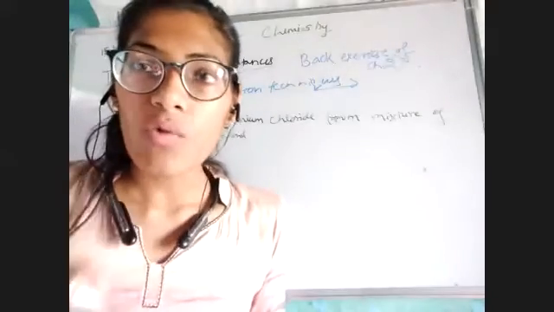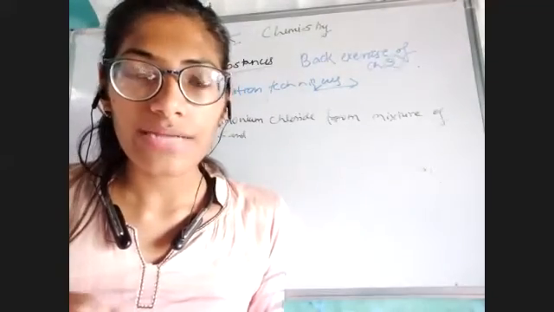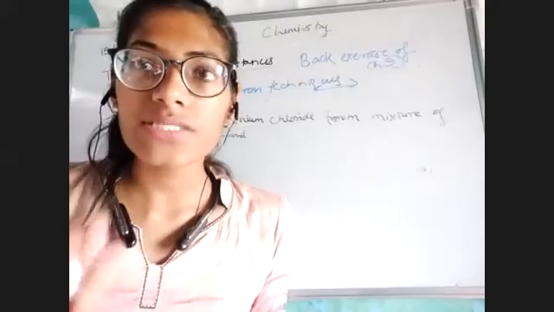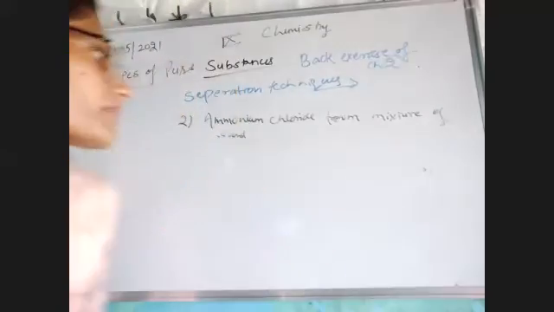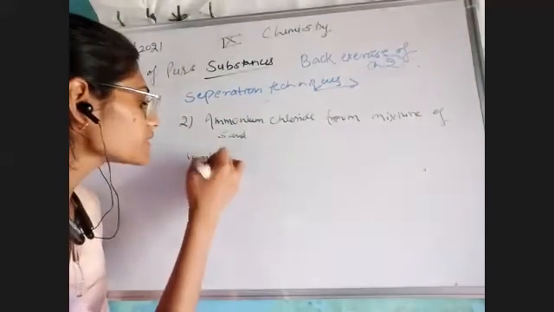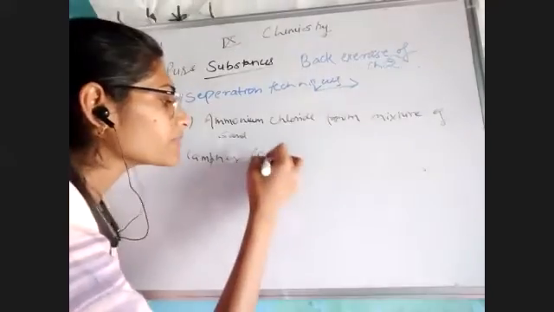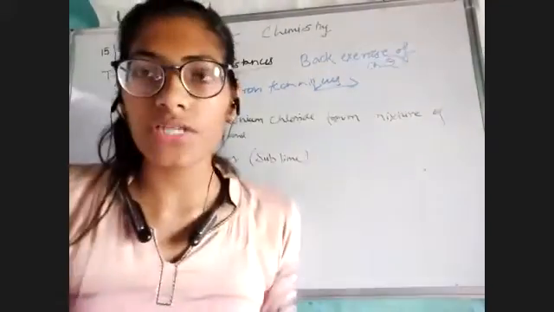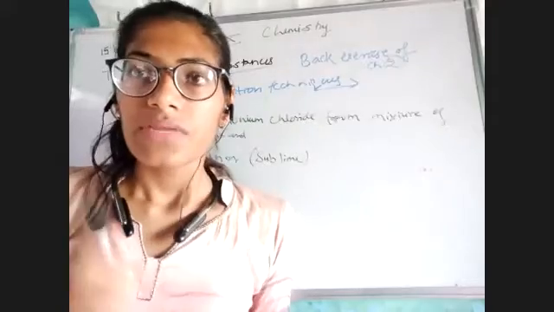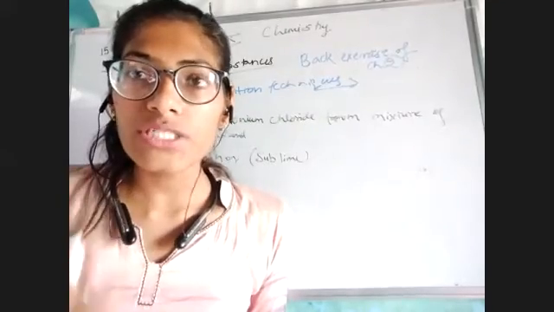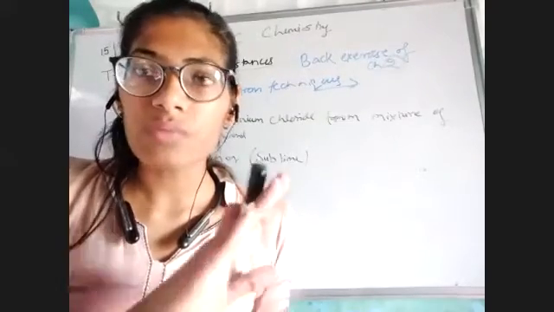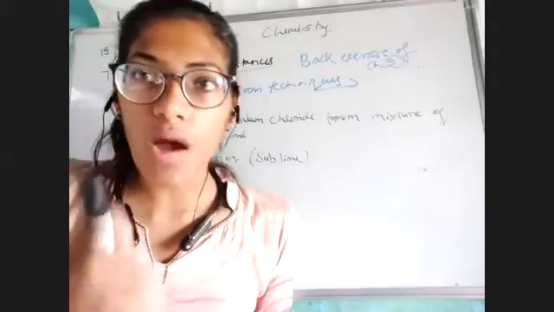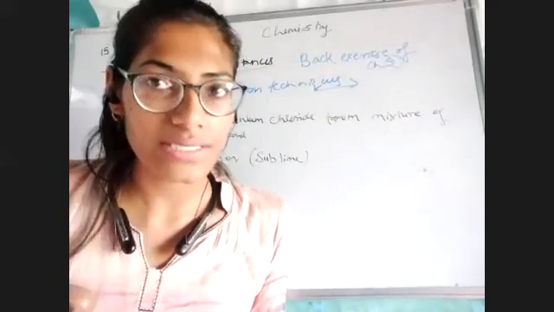Now bache, you must keep in mind what we discussed about camphor. Camphor was a sublime. And who are the sublimes? Sublimes are compounds which can be easily converted from solid to gas without changing into the liquid state.